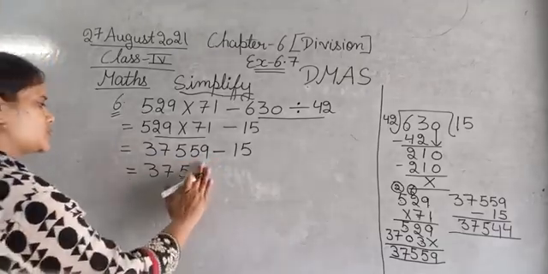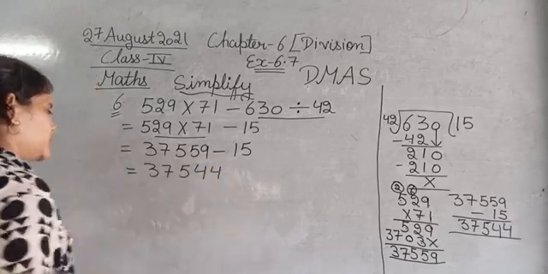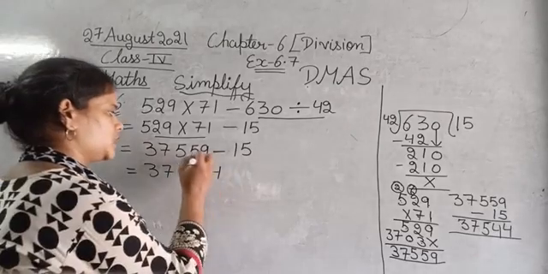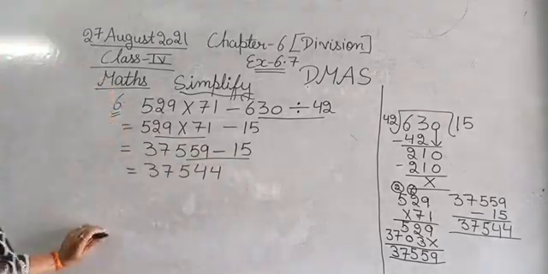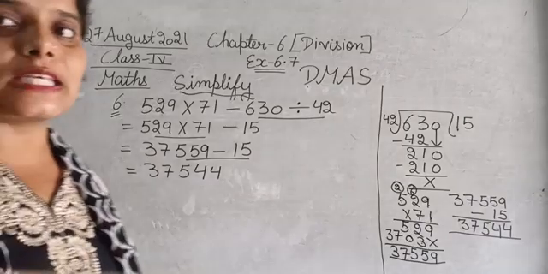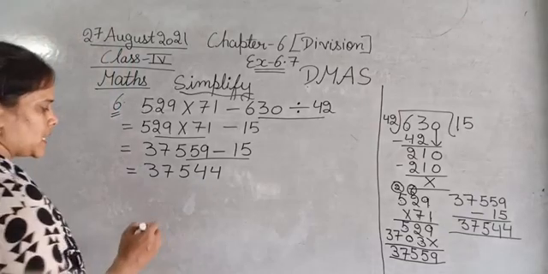This is 44. Okay, this is 44. 37,559 minus 15, that is 37,544. So this is the solution, this is the answer of sum number 6.